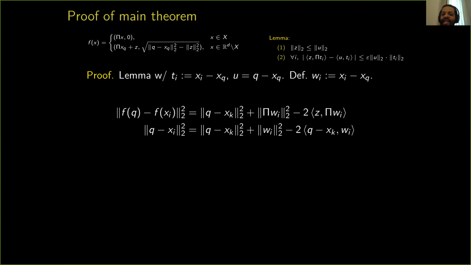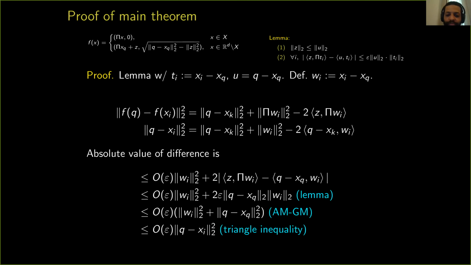One has q minus x_k, one has z. Okay, and then I want to argue that these differences are small. Again, let me not dwell on a sequence of inequalities in a Zoom talk, but they are small. It follows basically immediately from the lemma and some simple manipulations that these things are as small as you wanted them to be.